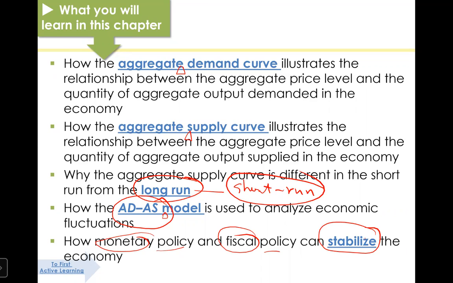Think about the global financial crisis in 2008, 2009, right? The bailout helped stabilize and prevent further collapse of the labor market. And in the COVID-19 pandemic, government spending helped us prevent further collapse, right?